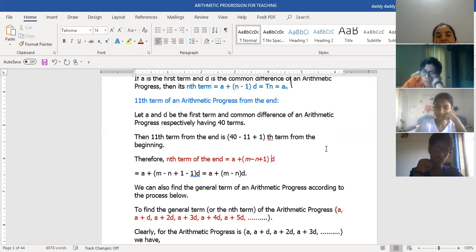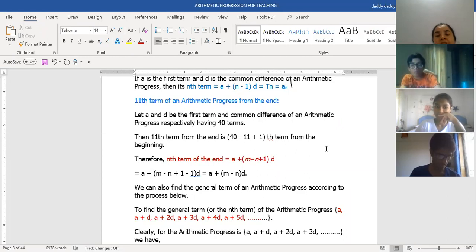40th is the first term, 39th term is the second term, 38th is the third term, 37th is the fourth term, 36th is the fifth term, 35th is the sixth term, 34th is the seventh term, 33 is the eighth term, 32 is the ninth term, and 31 is the 10th term.